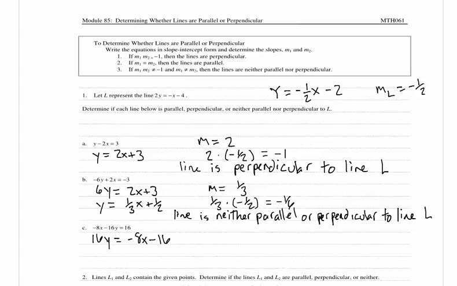And now we're going to divide both sides by 16, and I get y is equal to -1/2 x minus 1. So the slope of this line is equal to -1/2, which is the same as the slope of our line L. So this line is parallel to line L.